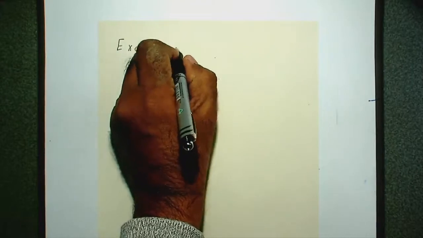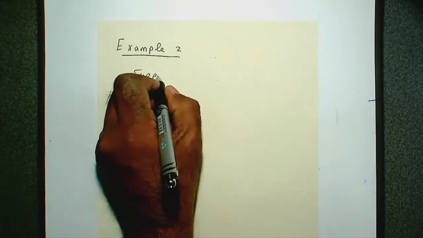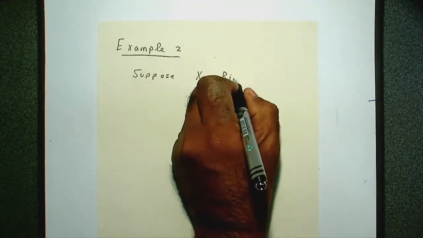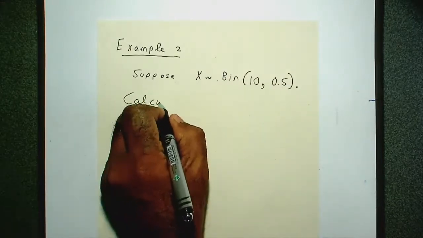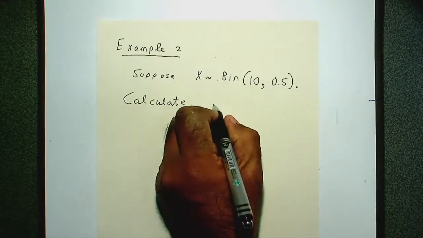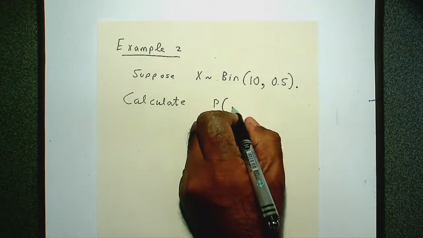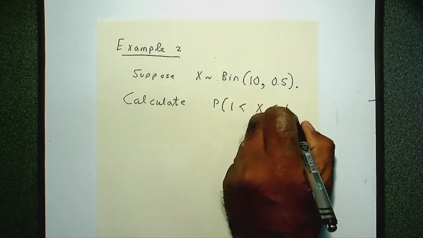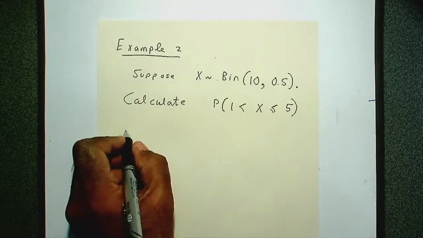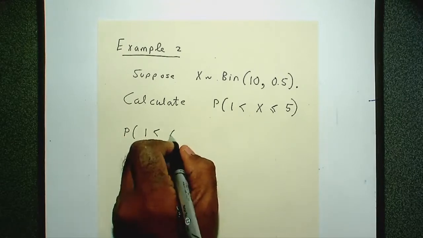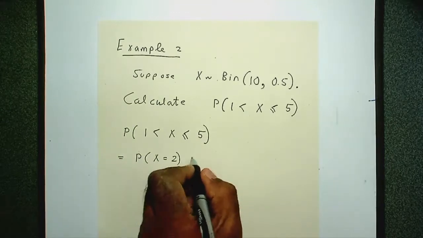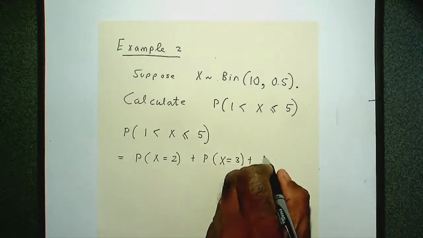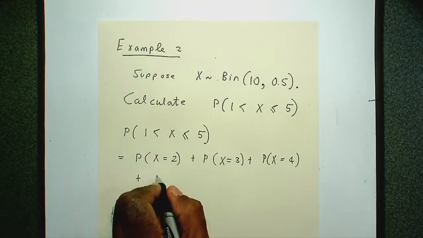Next, example 2. So this is the same as the probability that x equals 2, plus the probability that x equals 3, plus the probability that x equals 4, plus the probability that x equals 5.